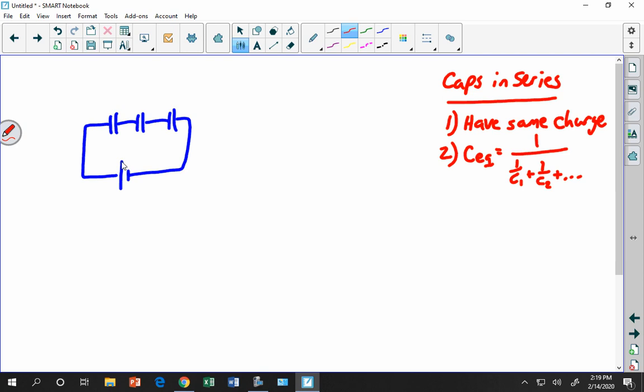Any set of 2 or more capacitors in series, you can replace with a single capacitor. And that'll become a really important step when we move into complex combination circuits, where they have both series and parallel. Third is that the total voltage is equal to the sum of the individual voltages.